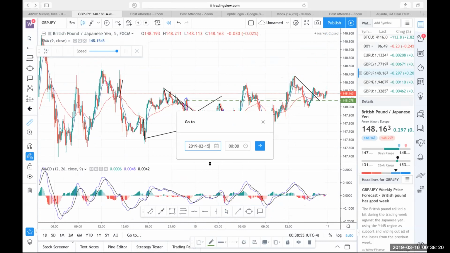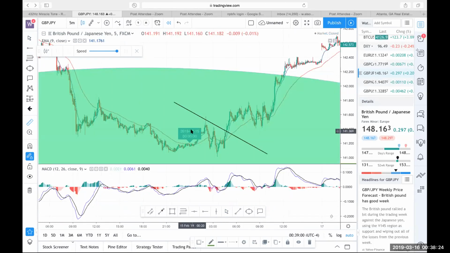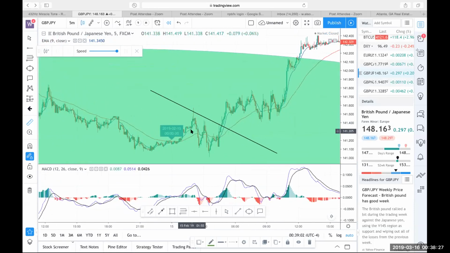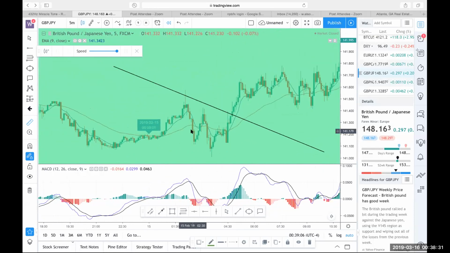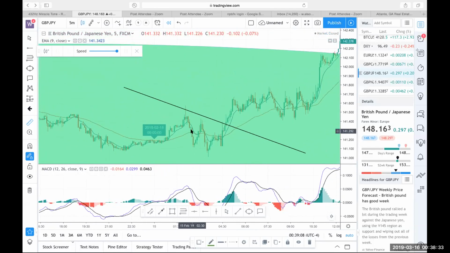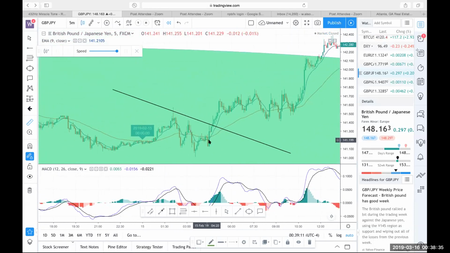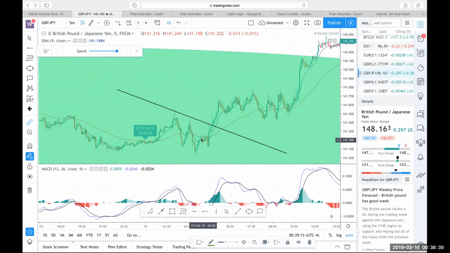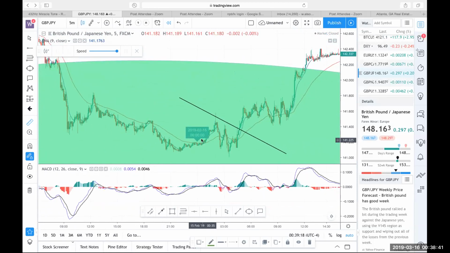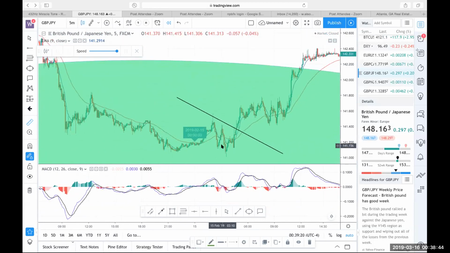Then you can't even open up any more trades because you're waiting for that one to go the right way. When you know better, you do better. We know better now. This is your 5-minute entry, and it never retested. It never came near your stop loss. That's your 5-minute entry right there.